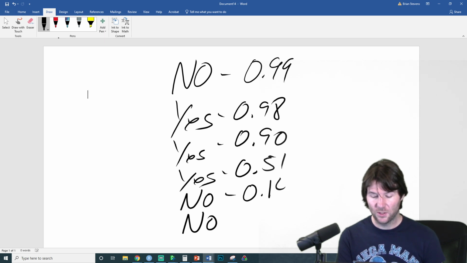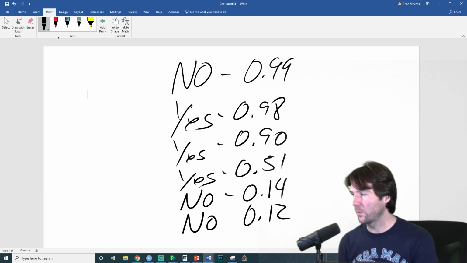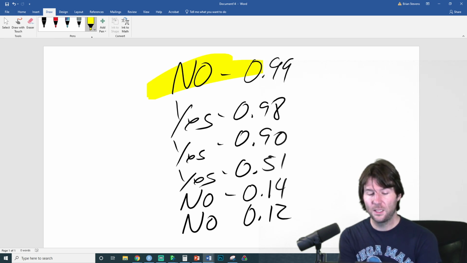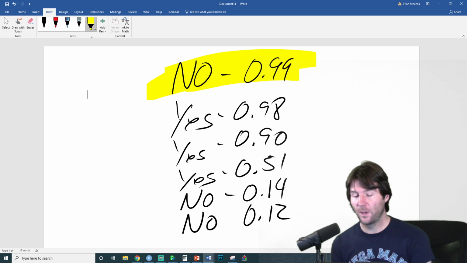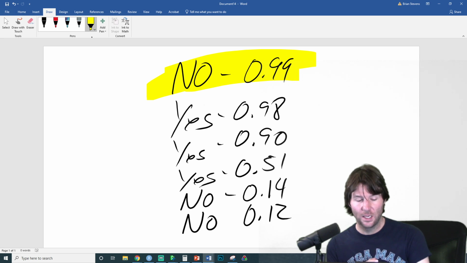The accuracy of this model is 83.33%, because it only gets one thing wrong. But the AUC of this model is really bad. The accuracy of this model is really good, 83.33%. But when you look at this, I think the AUC is 66%.